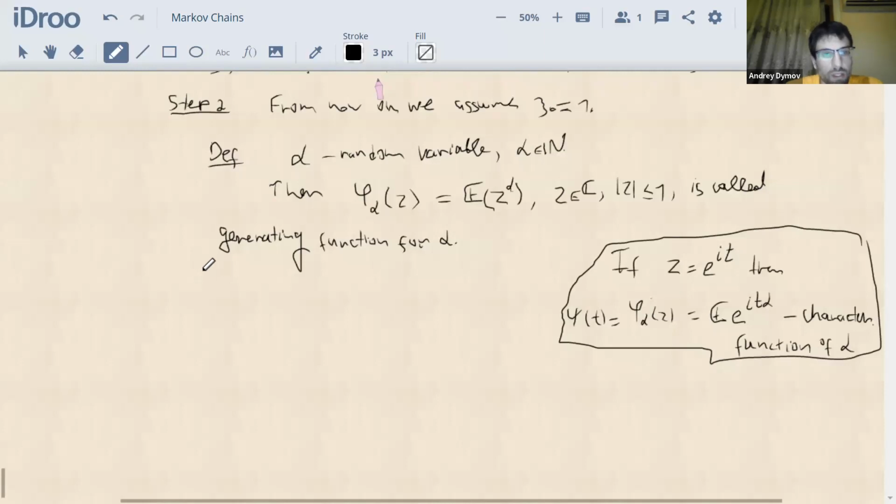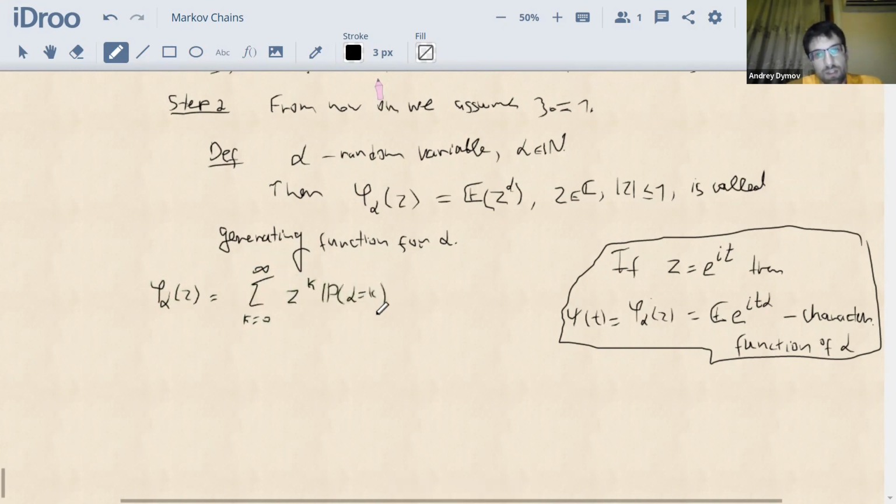What exactly do I mean by this expectation? By definition, I have just written the following thing: the sum from k equal to 0 to infinity of z to the power k times the probability that alpha equals k.